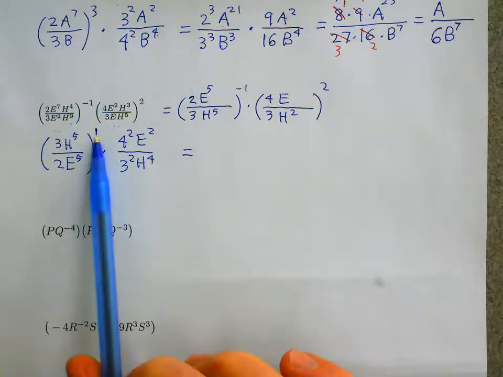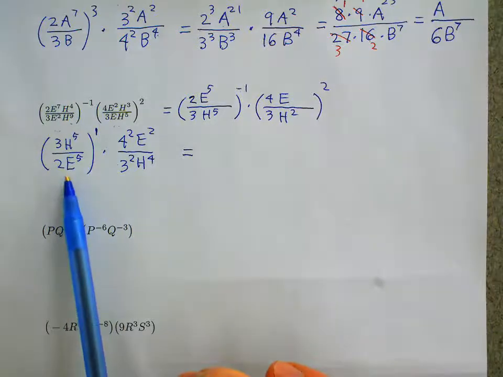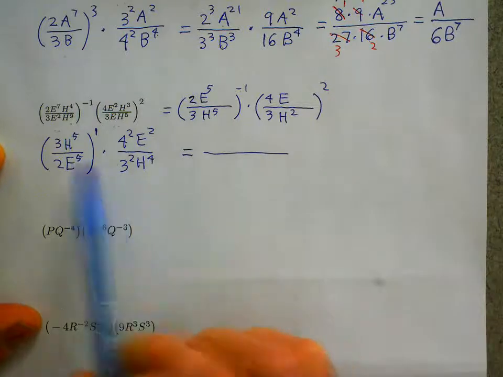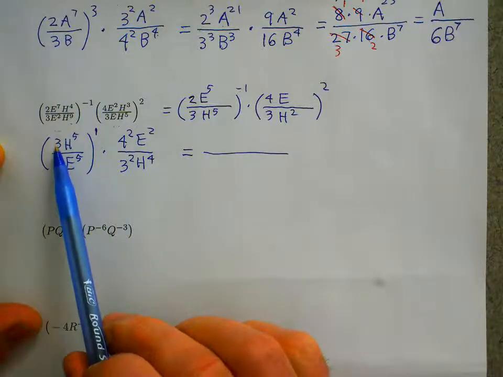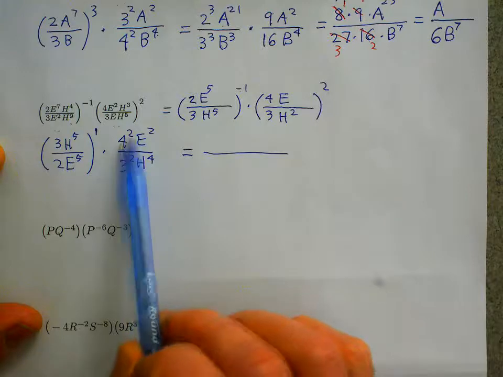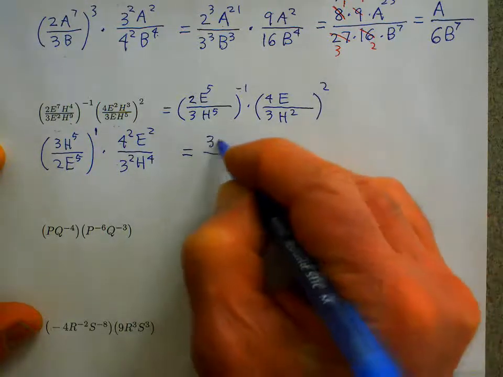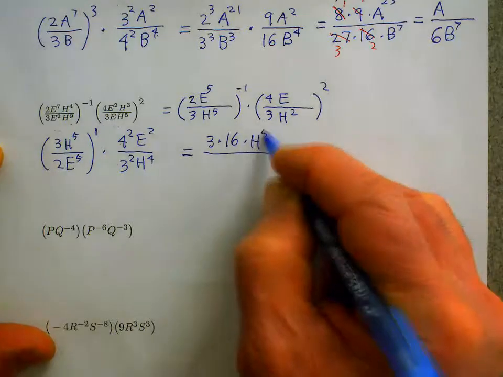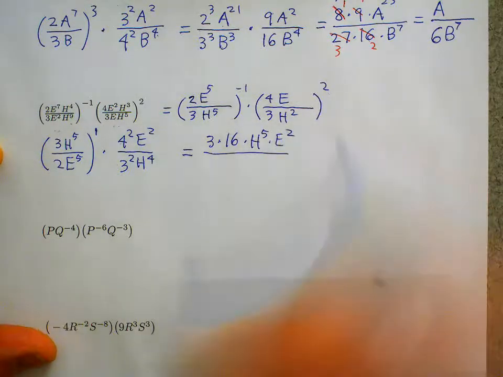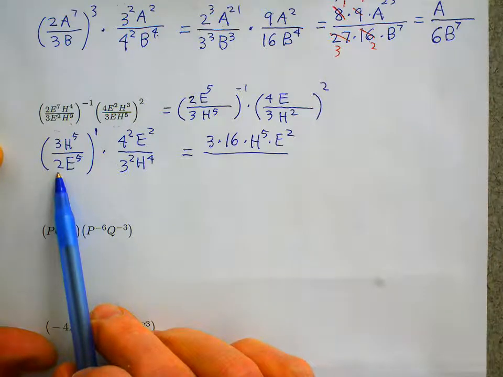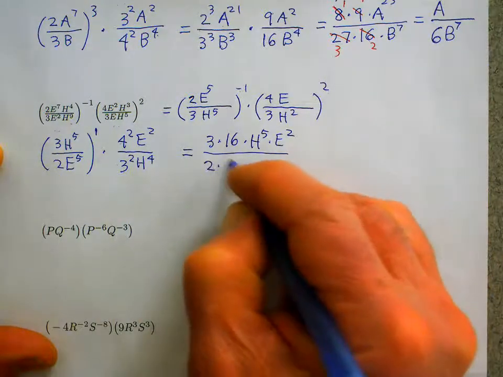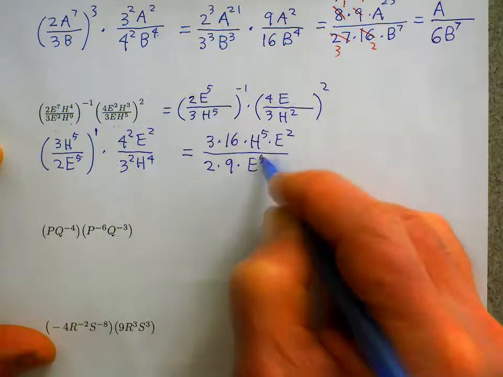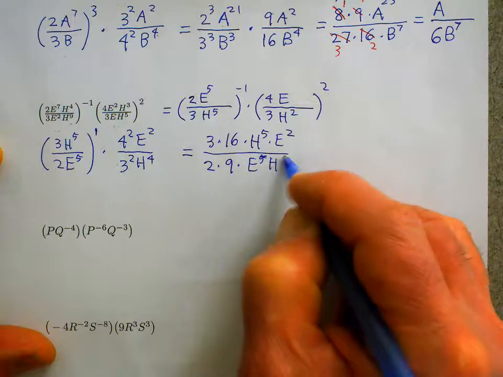When we raise something to the first power, nothing changes, so we can go ahead and multiply 3 times 4 to the 2nd, or 3 times 16, and then times h to the 5th times e to the 2nd. And in the denominator, 2 times 3 to the 2nd is 2 times 9, times e to the 5th times h to the 4th.